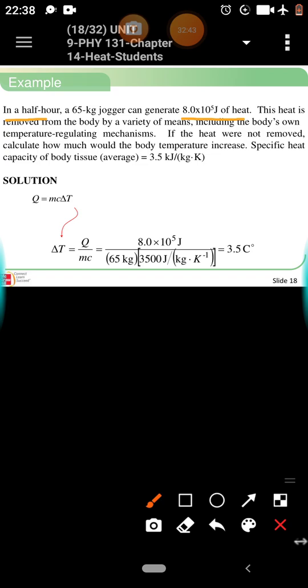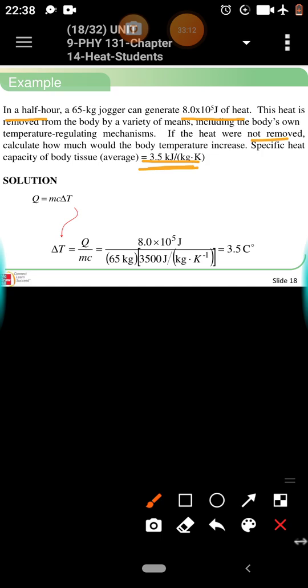If the heat were not removed, calculate how much the body temperature will increase. The specific heat capacity of average body tissue is this. So we're given the C, and we want to find the temperature increase, or the change in temperature.